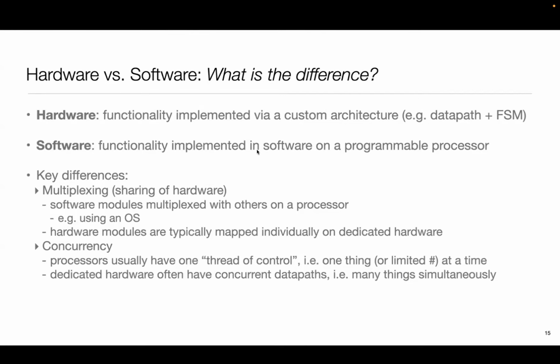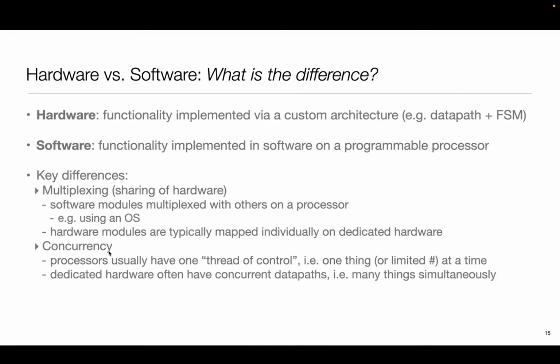In software, functionality is implemented in terms of instructions that a processor runs, and the processor in turn is running a lower level algorithm which says, like I often said, get the next instruction, execute it, or get the next K instructions and execute them. So the key difference is in two regards. One is how much concurrency. Modern chips often have multiple processors.